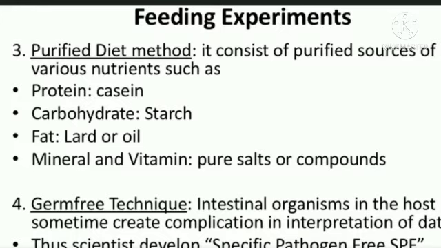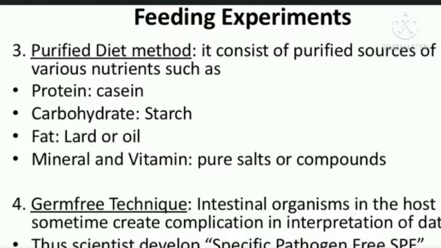Okay. Now the next experiment is the germ-free technique. The germ-free technique is usually used in pathological or microbiological research, although we also use it here. The intestinal organisms in the host sometimes create complications and interfere with the interpretation of the data.